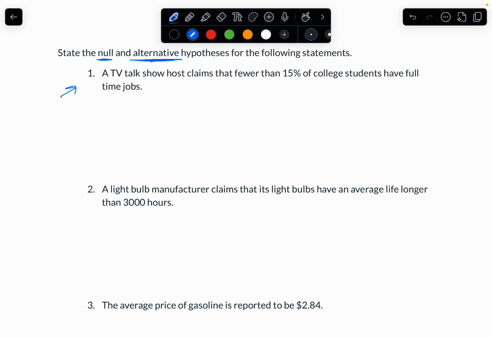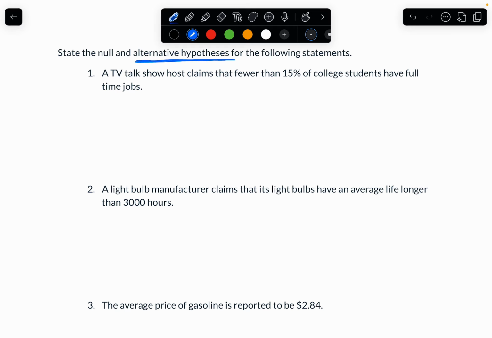Number 1 says, a TV talk show host claims that fewer than 15% of college students have full-time jobs. Now, in general, I tend to think it's going to be easier to start with the alternative hypothesis. This is actually what I'm going to start with first, because this should usually show up as a claim that's being made.